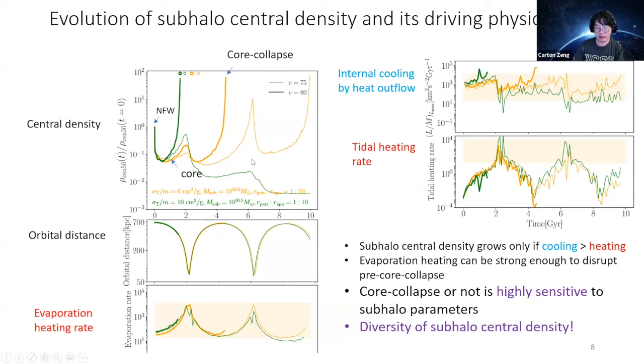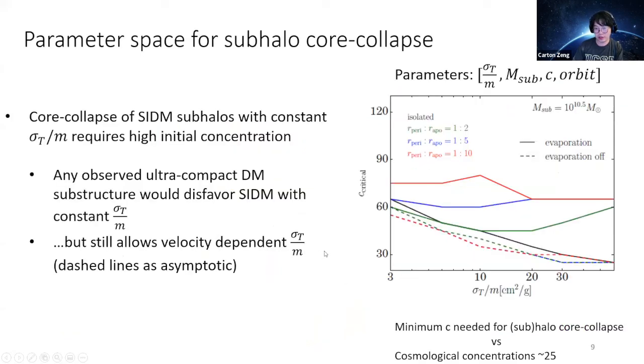Okay. And also another thing we learned from here is that the evolution of an SIDM subhalo is highly sensitive to its initial parameters, as we can see in the comparison of C equals 75 versus C equals 88. So following that spirit, we're motivated to map out the parameter space to see where the boundary is above which the subhalos can eventually core collapse.